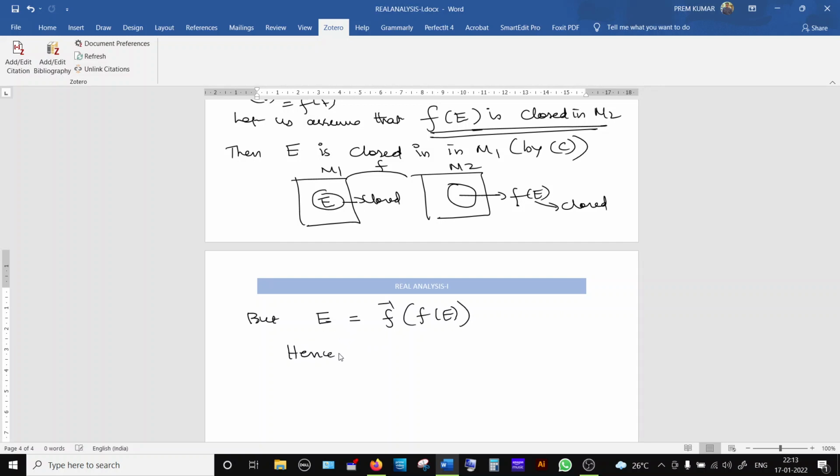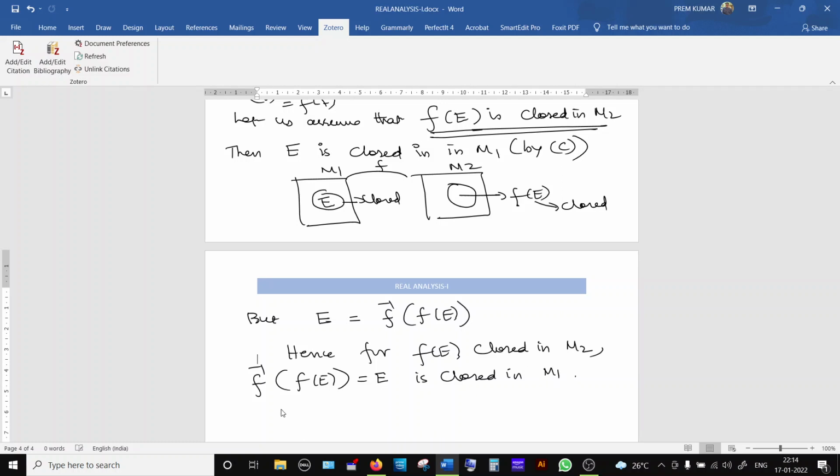Hence, for f of E closed in M2, the inverse image of this f of E is nothing but E, which is closed in M1.